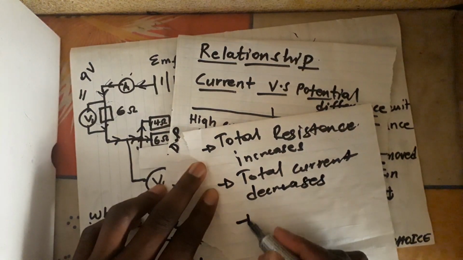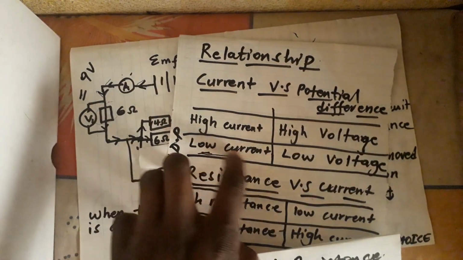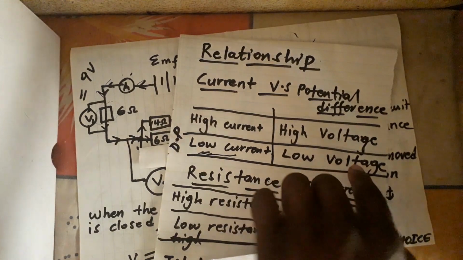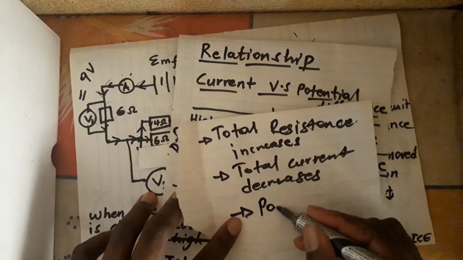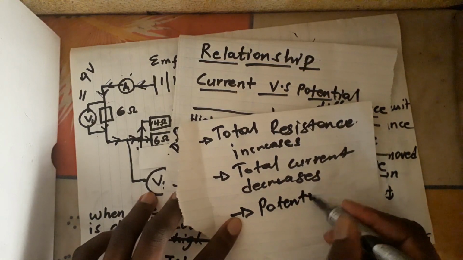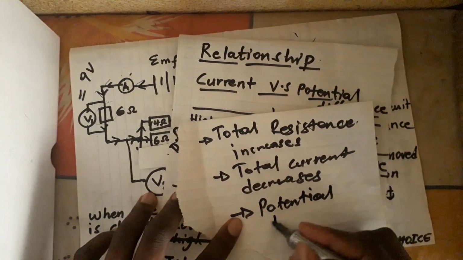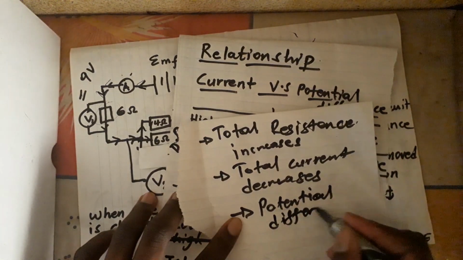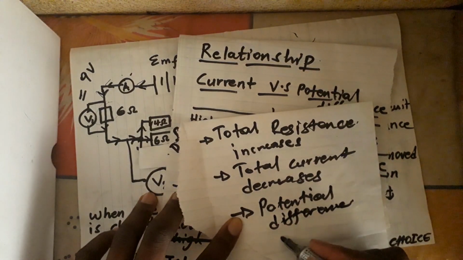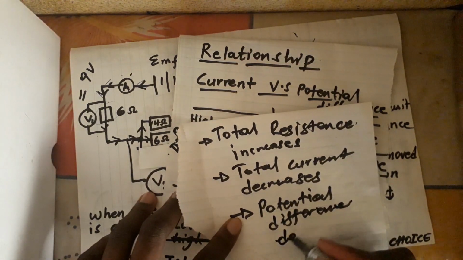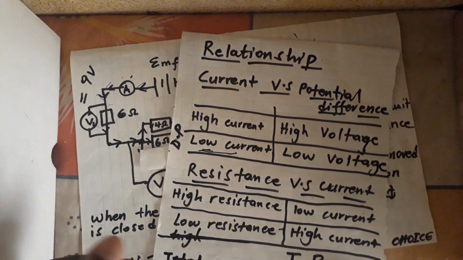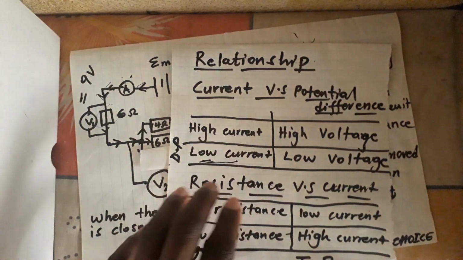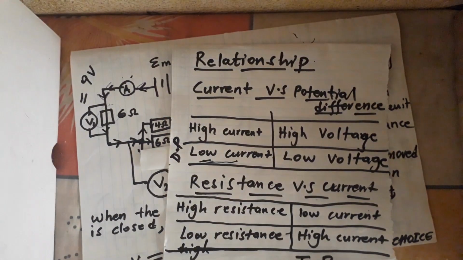And when we have a low current, it will lead to a low voltage. And then potential difference will also decrease. The potential difference is also going to decrease. That's the answer. So please use this. I've made this for you so that you can understand these things better.